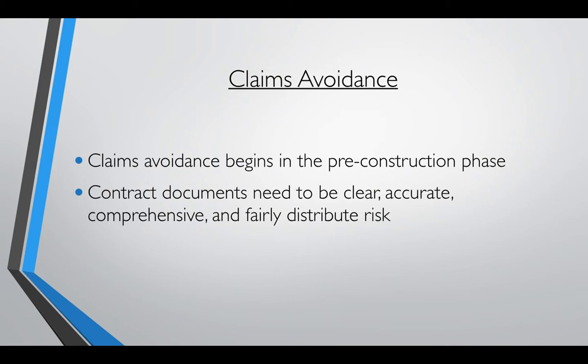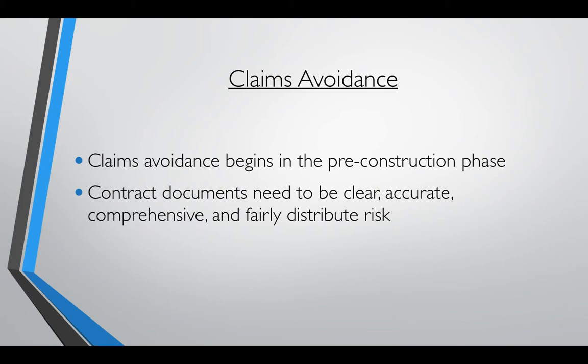So continuing on, claim avoidance begins in the pre-construction phase of a project, or I would say in a design phase as well. Design phase is going to fall into pre-construction. So contract documents need to be clear, accurate, comprehensive, and fairly distribute all of the risk. We mentioned in the previous class that we have a risk assessment.